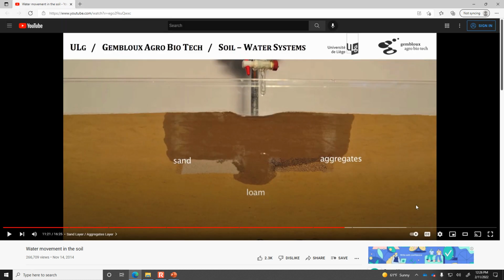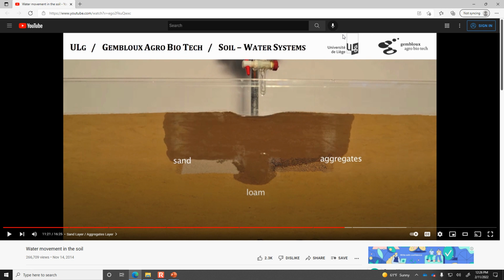The remaining experiments that they do maybe repeat some of the same information, but the takeaway messages that I hope you learn from this is, number one, a visualization of how the water penetrates through soil, and talking about some of the forces and factors that determine how quickly it moves.